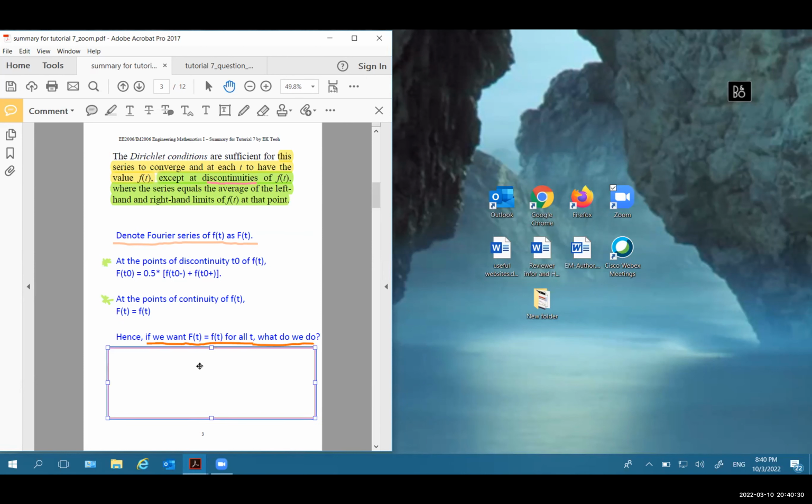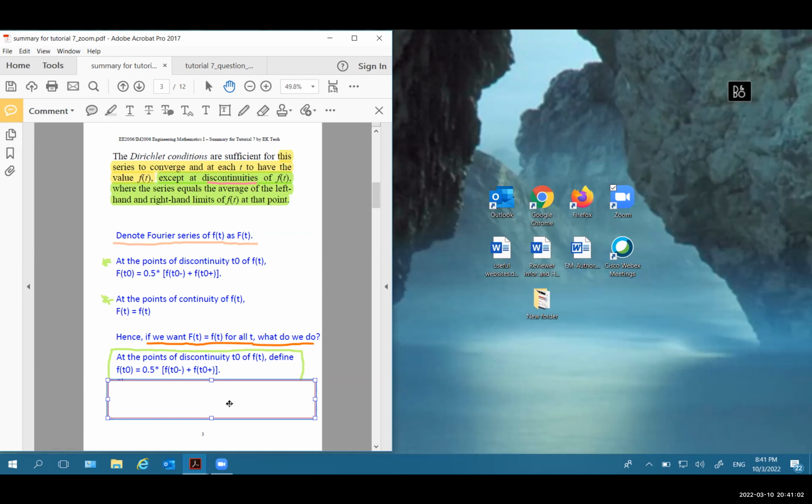So we define, at the points of discontinuity, the small f at t naught to be equal to this, so that this value is the same as this value here. Then the small f at t naught is also equal to the Fourier series at t naught.